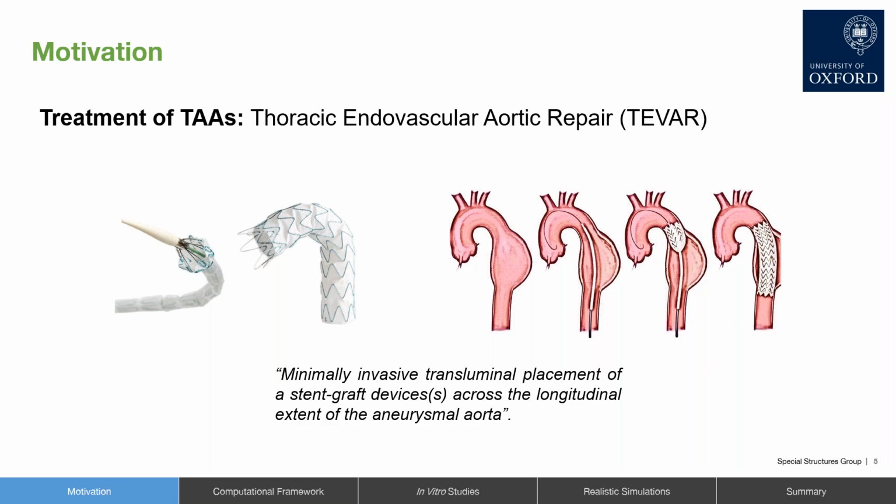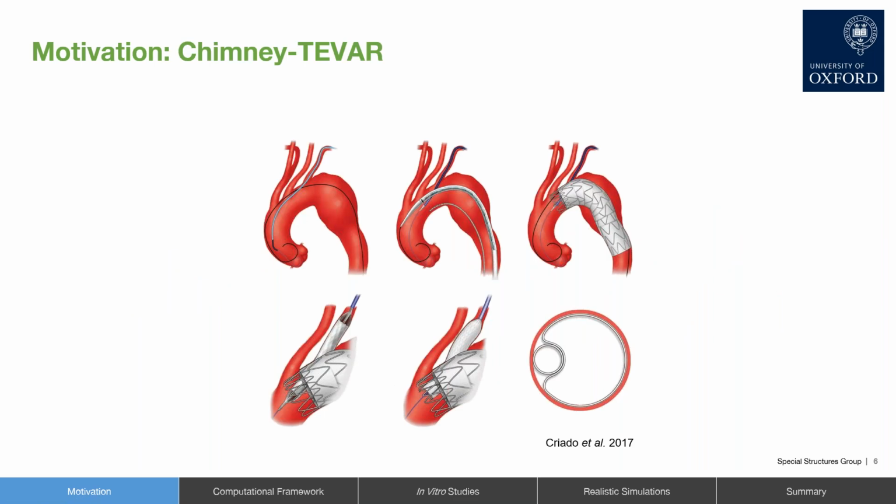Now, the use of standard TEVAR devices is not suitable for those diseases which encroach onto the aortic arch segment, or those of the ascending aorta, simply for the reason that we would end up blocking the supra-aortic branch vessels, which perfuse the arms and the brain, if using a standard device. So, to treat these patients, surgeons have augmented traditional techniques and have introduced a new procedure known as chimney TEVAR, which is illustrated here.